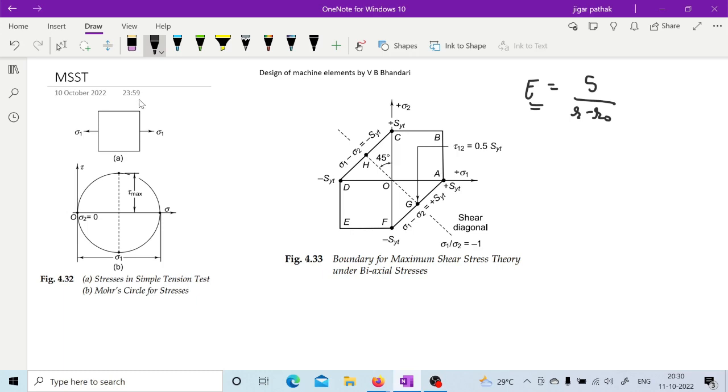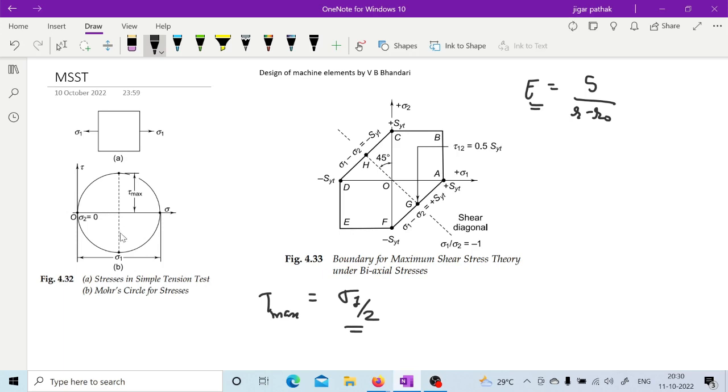Here in maximum shear stress theory, failure is going to occur when the maximum shear stress at any point equals the maximum shear stress in the standard tensile specimen, right? Now the maximum shear stress of that tensile specimen is sigma 1 by 2, right?